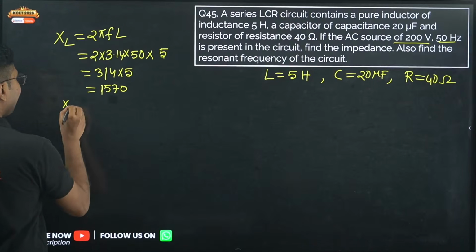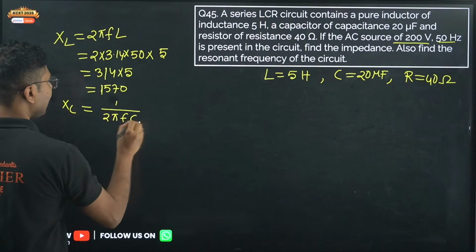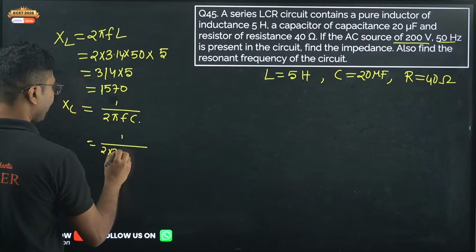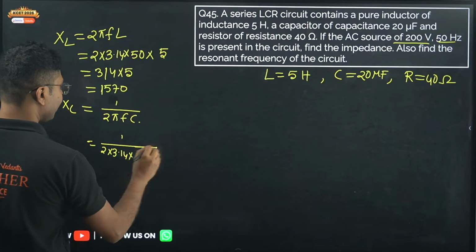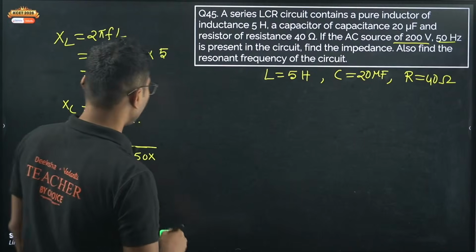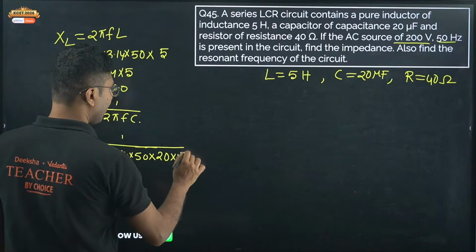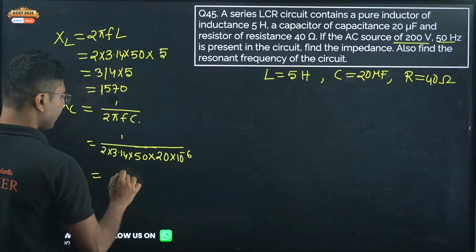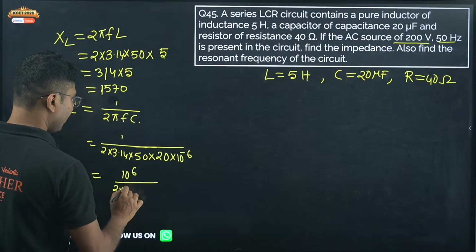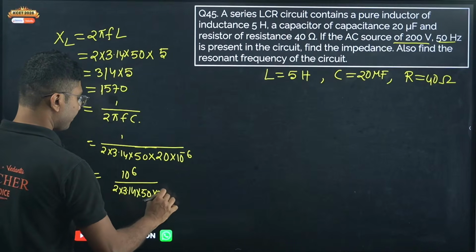What about XC? XC is 1 by 2 pi FC. So that will be 1 by 2 into 3.14 into F is 50 into 20 microfarad. 20 microfarad means 20 into 10 to the power of minus 6. So it will be 10 to the power of 6 divided by 2 into 3.14 into 50 into 20.